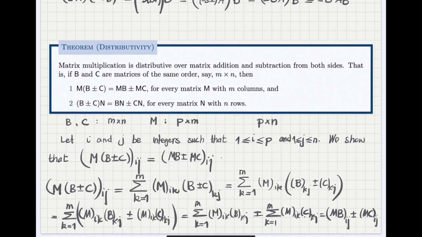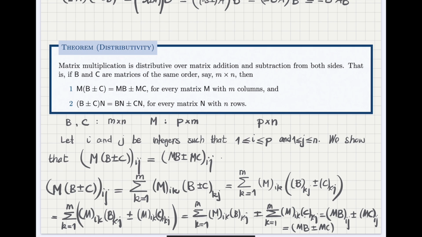But now, hopefully you can agree with me that this is MB plus or minus MC, ijth entry. And we are done. I started from the left hand side, I just used the definitions of matrix multiplication, matrix addition and subtraction, and I was able to get that.